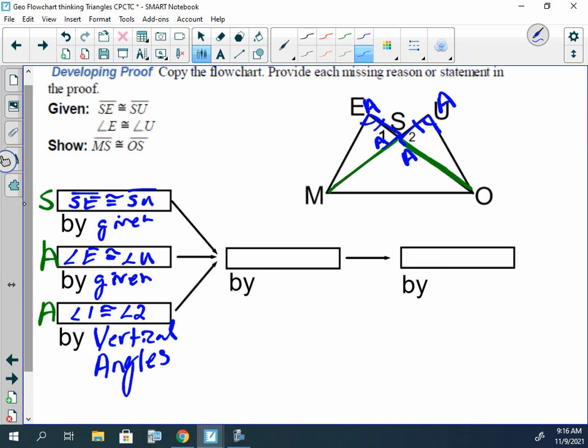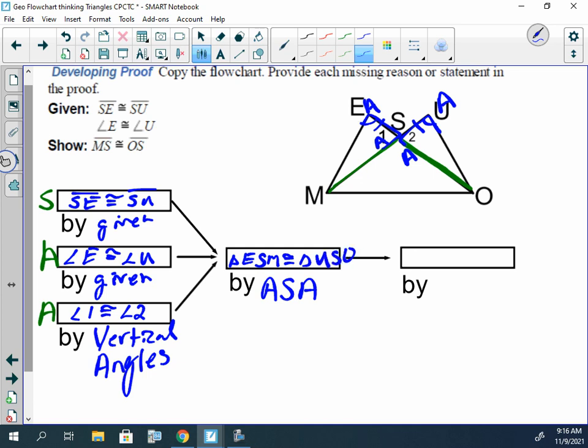Even though we set up the proof in the flowchart as side, angle, we do have two sets of congruent angles with a side in the middle. So this here is going to be by angle, side, angle, which is one of the ones that works. That means that I get triangle ESM is congruent to triangle USO.